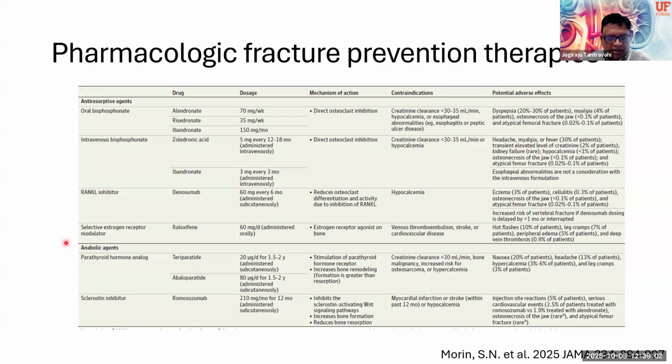And then you have the anabolic agents, parathyroid hormone analogs, which have to be administered for a very long time. Stimulation of the parathyroid hormone receptor increases bone remodeling, but it's given in such a way that formation is greater than resorption. And this new medication here, romosozumab, the sclerostin inhibitor, I'm not going to discuss.